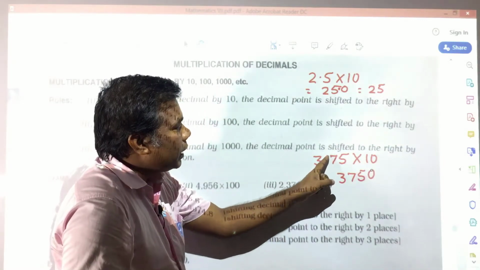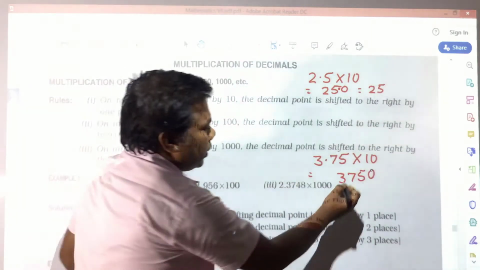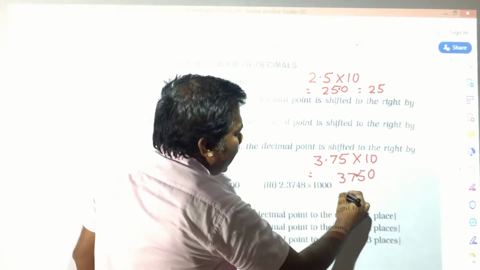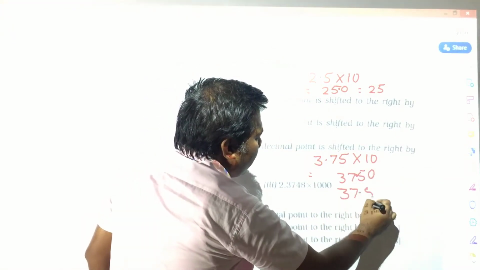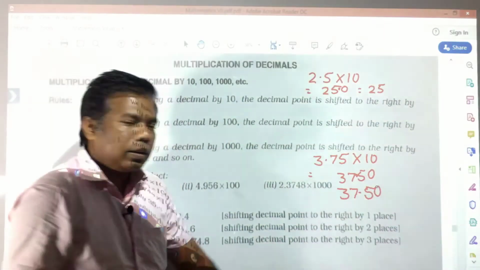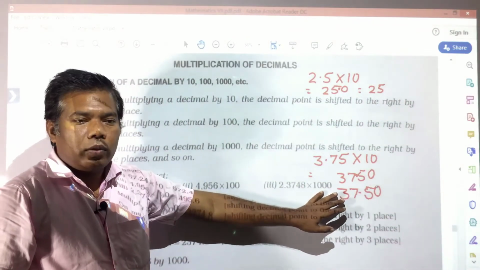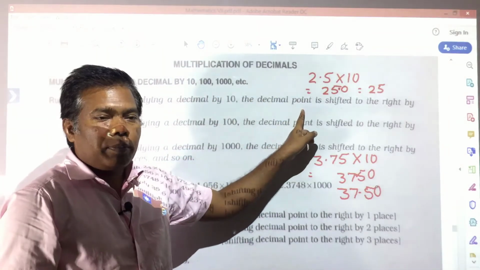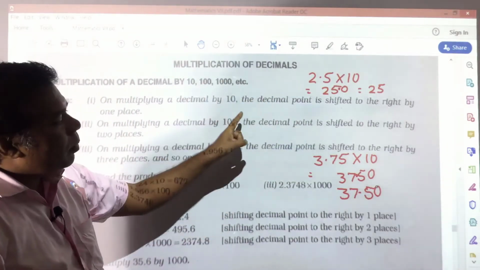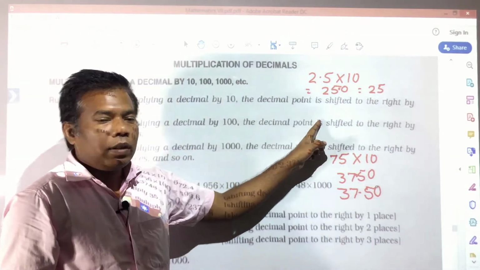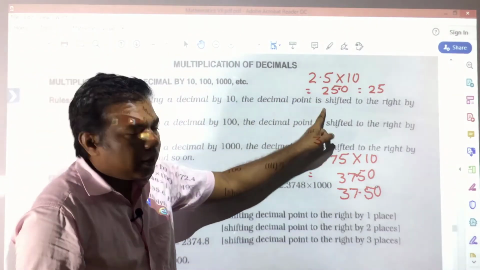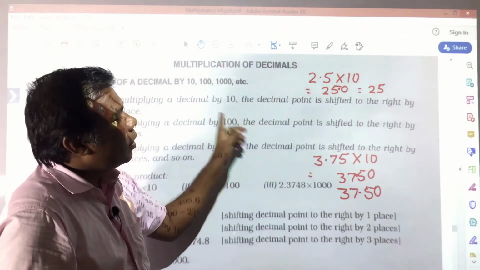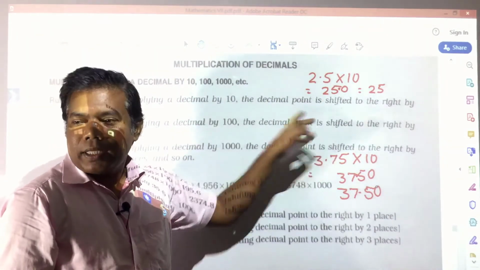The decimal will shift to the right one place, so the decimal will come over here, and you will get 37.50. This will be your answer. So, in this way we need to do. If we multiply by 10, one place it will shift. If by 100, two places it will shift. If by 1000, three places. If by 10,000, four places, and so on.